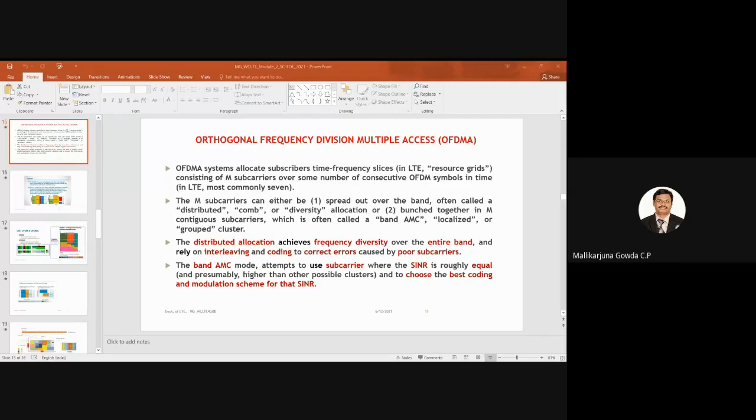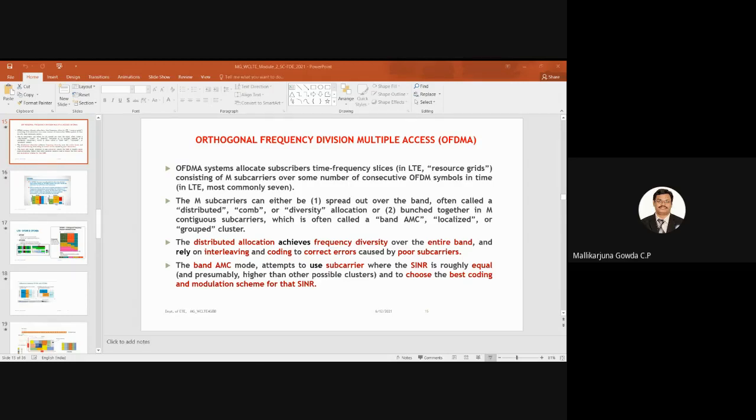The time frequency slice is known as the resource grid in case of LTE. Hope you have seen that resource grid. It will have M subcarriers and some number of consecutive OFDM symbols in time. I said seven consecutive OFDM symbols with the 12 subcarriers is known as one resource block.